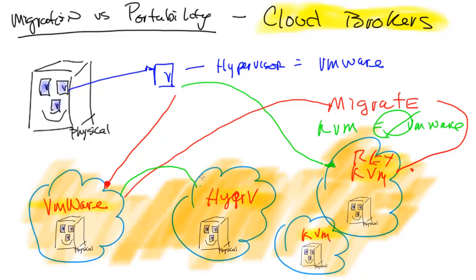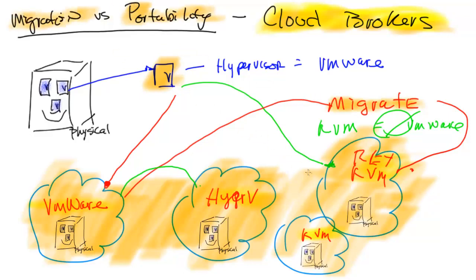And if your workload, your VM, currently runs on multiple hypervisors, or your cloud broker supports multiple hypervisors, then you're in good shape. If it does not, you are going to be placed in a situation where you have to migrate. It's not really portability, it's actually migration.